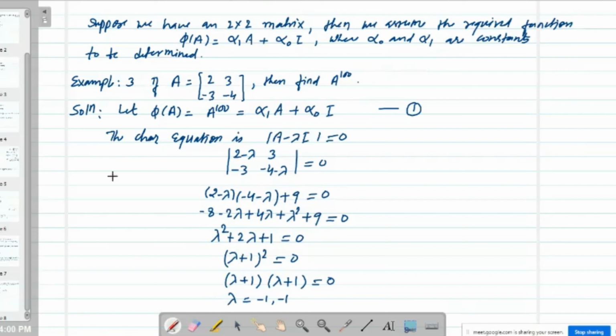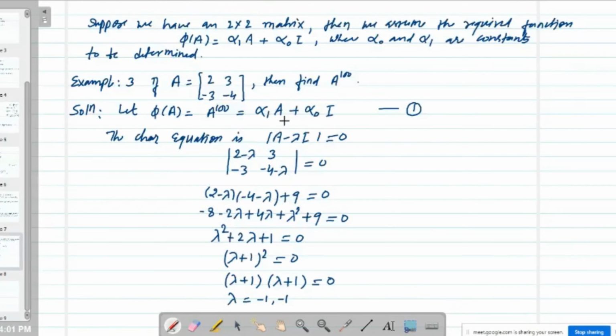Now go to the next page first. See here, lambda is an eigenvalue of matrix A, so lambda must satisfy your equation.